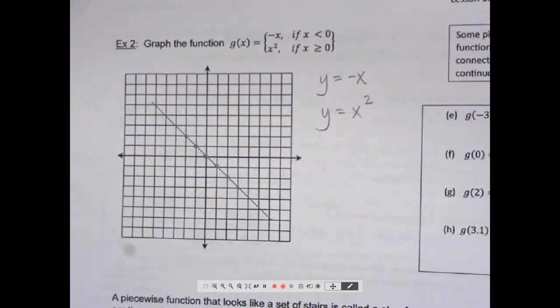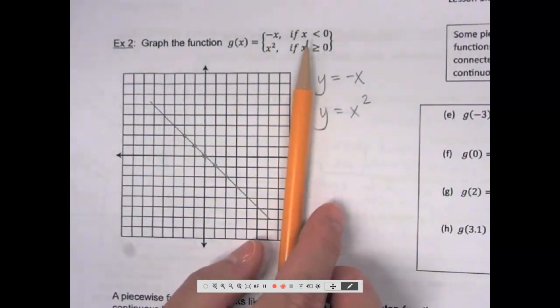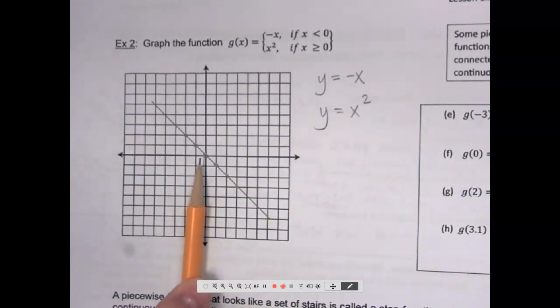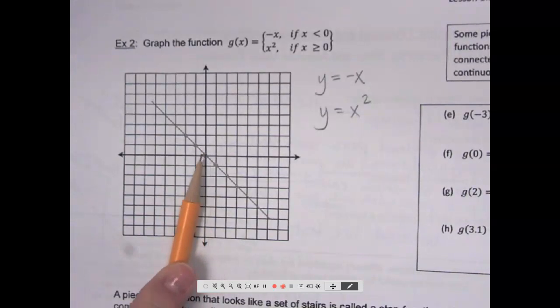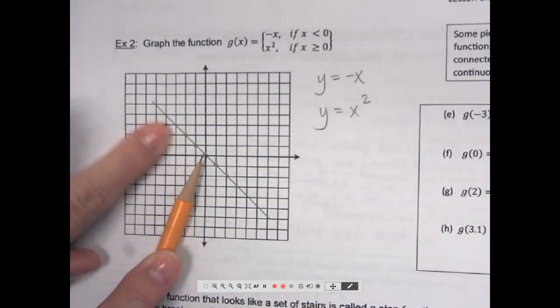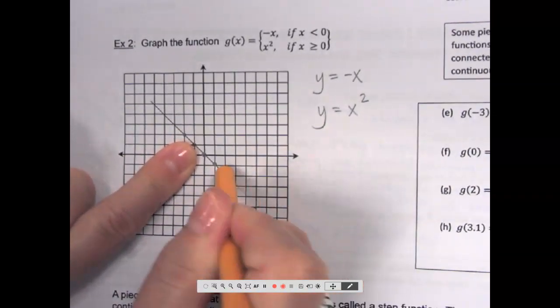I don't want the whole line. I just want a part of the line, and the part I want is where the x's are less than 0. So I go to my graph. This is where x equals 0, right there. Less than, will that be to the left of that point or to the right? To the left. So everything to the left I'm keeping, everything to the right I'm trashing.